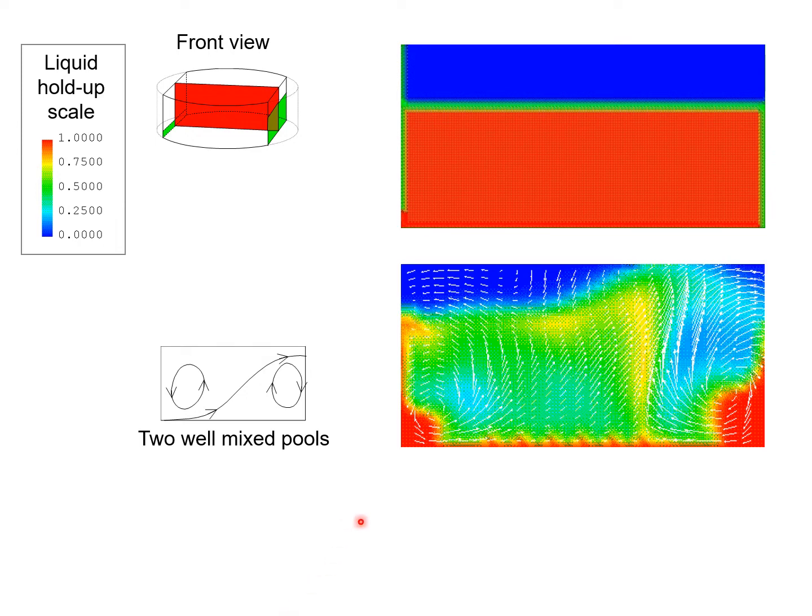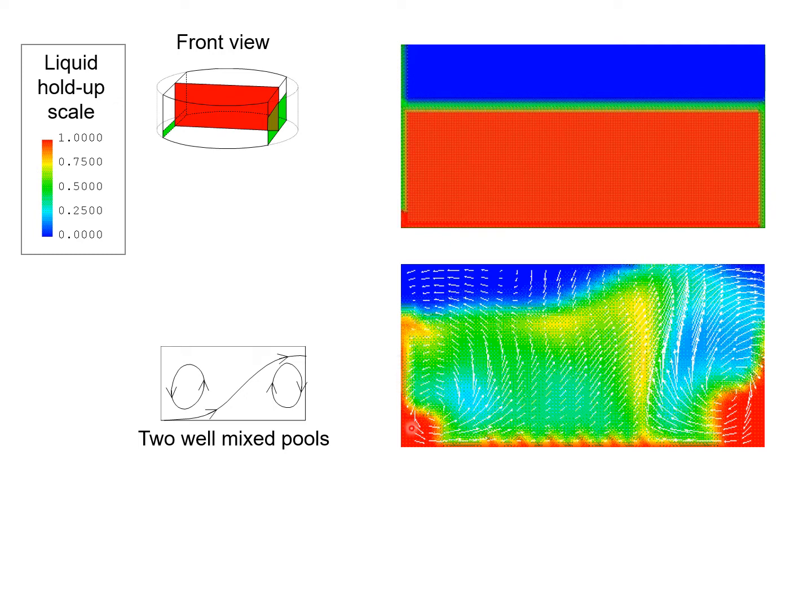We note there is a gas cap here because it's colored blue, and at the bottom of the tray there are regions where we see a lot of red, indicating that adjacent to the perforated holes on the tray we have some liquid layers there that are not aerated.